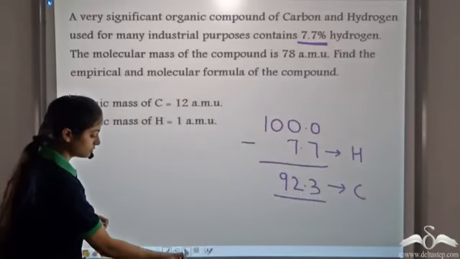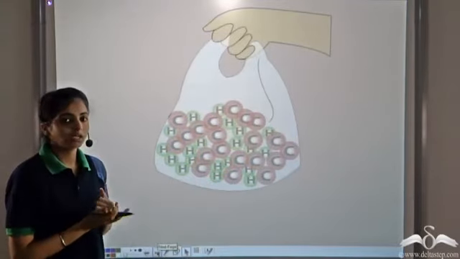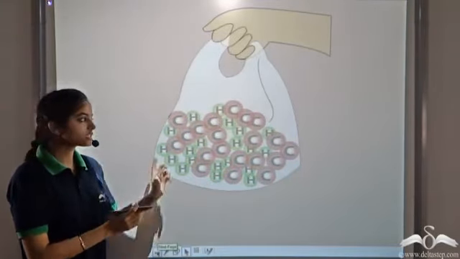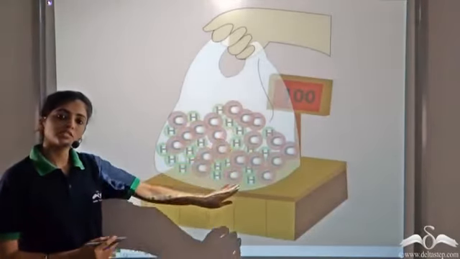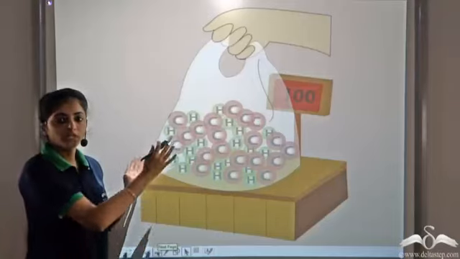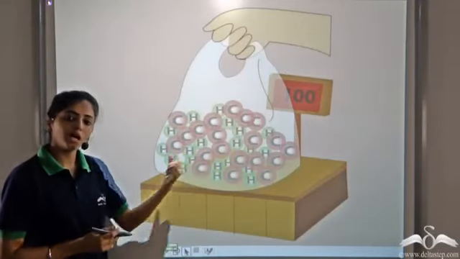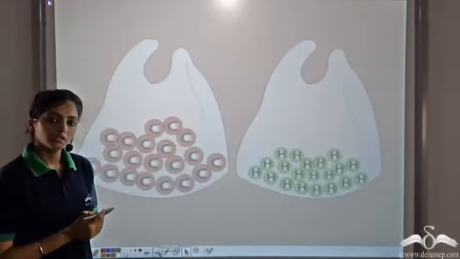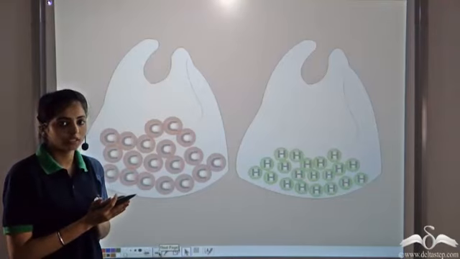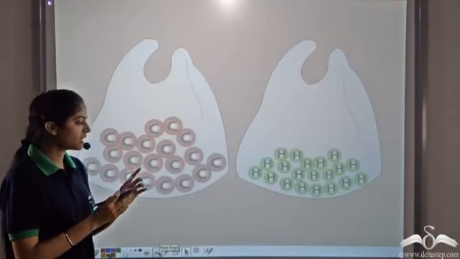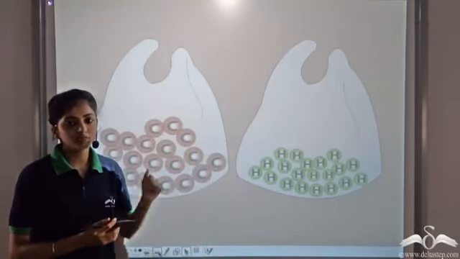Now let's assume that we have a certain number of carbon and hydrogen atoms with us. This total amount is 100. So this is the total weight, that is, the entire amount we have is 100. Now we'll separate the carbon and the hydrogen atoms from that compound, and we weigh them separately.